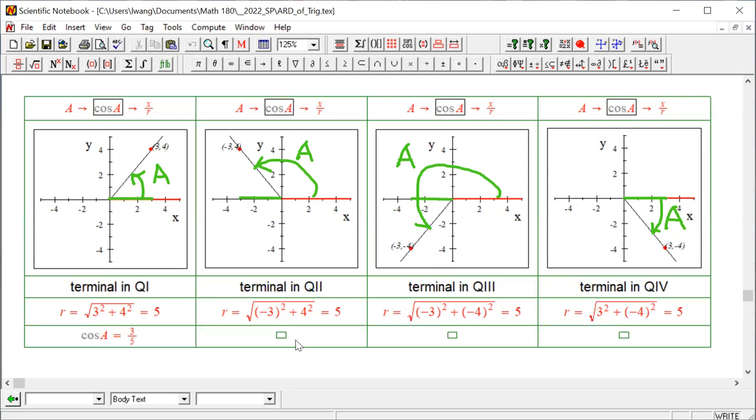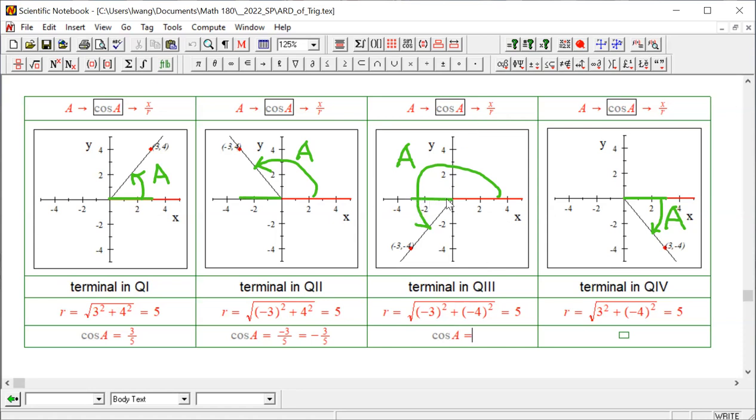For the second one, cosine, we take the angle as input, and the output is a ratio. For an angle that terminates in the second quadrant, the x is -3, so it's -3 over 5. You can write it as -3 over 5, it doesn't matter which way you write it. Now the next one, cosine A is still x over r.